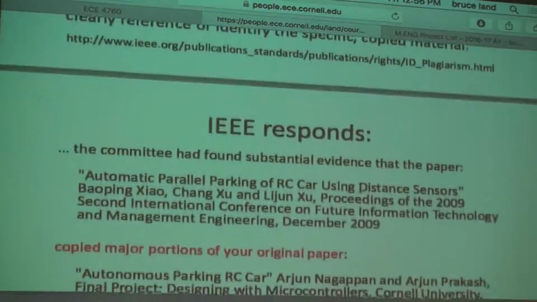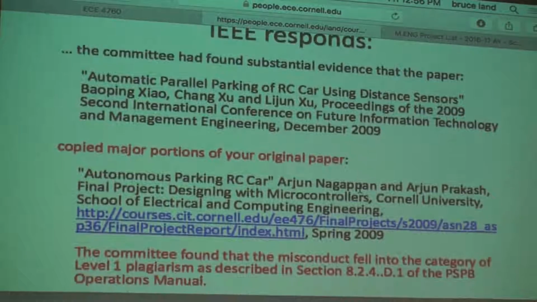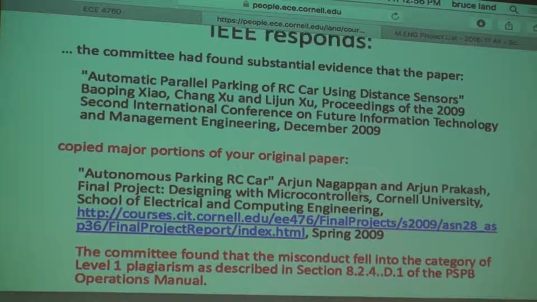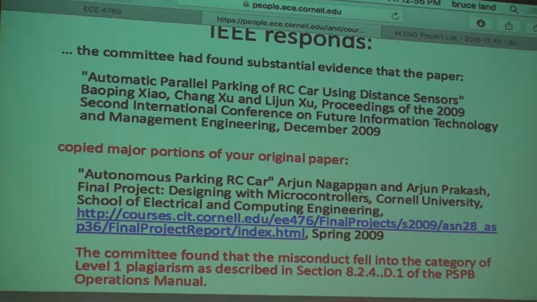And what happened was, the committee gave themselves 90 days to respond, which is forever when you're waiting for one of these things, because all the time you're looking at Google. Anyways, automatic parking, copied major portions of your original paper, blah, blah, blah. I found that the misconduct fell into the category of level 1 plagiarism as defined in the section we saw earlier.